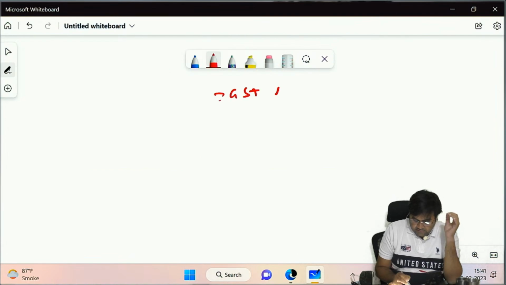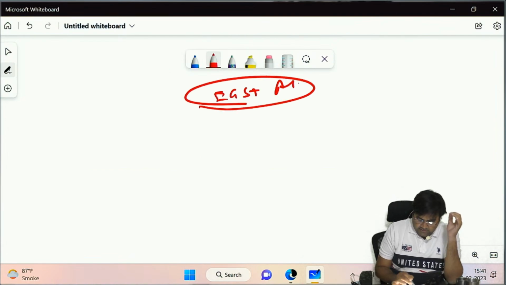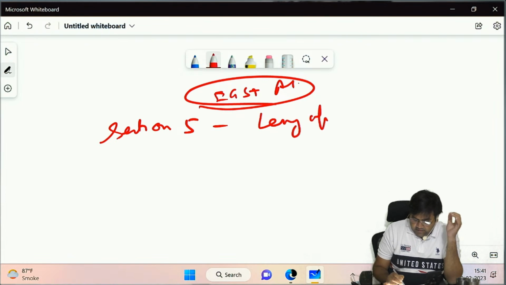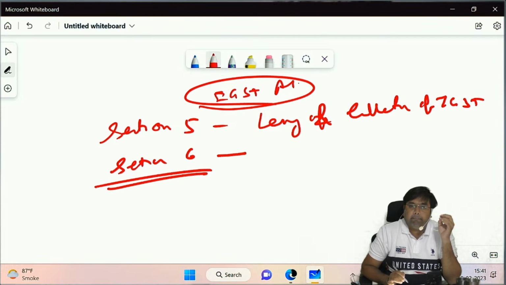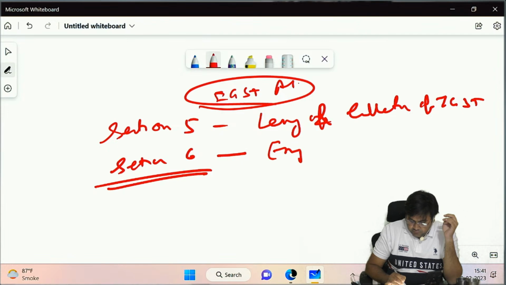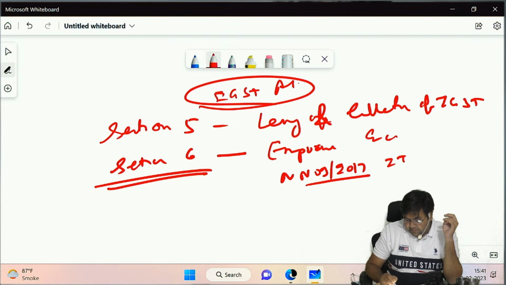Till now, if you recollect, which sections of the IGST Act have we discussed? Section 5, levy and collection of IGST. Then section 6, which empowers the government to exempt; the government issued notification number 9/2017, Integrated Tax (Rate) dated 28/6/2017.